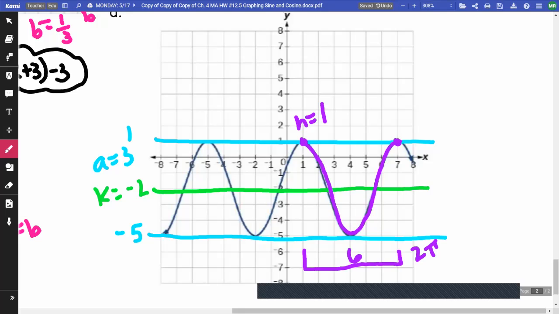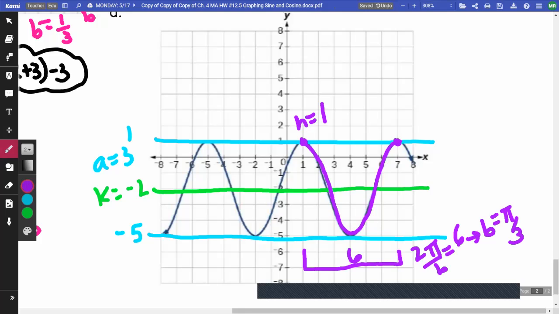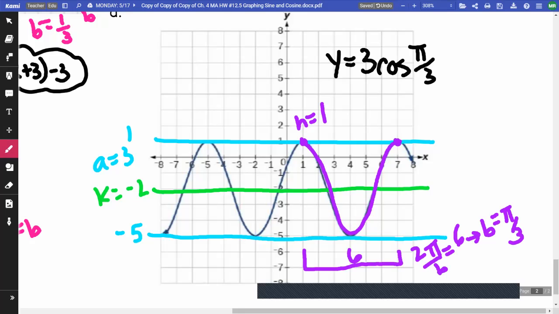So 2 pi over b equals 6, which means my b is going to be pi thirds. My equation is going to be y equals positive, because I'm going high to high, so +3 cosine pi thirds, and I'm starting at 1 here, so it's x minus 1, minus 2.